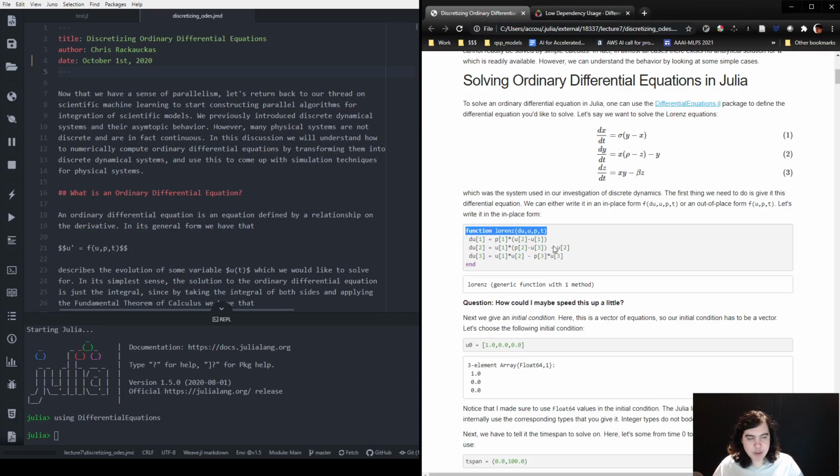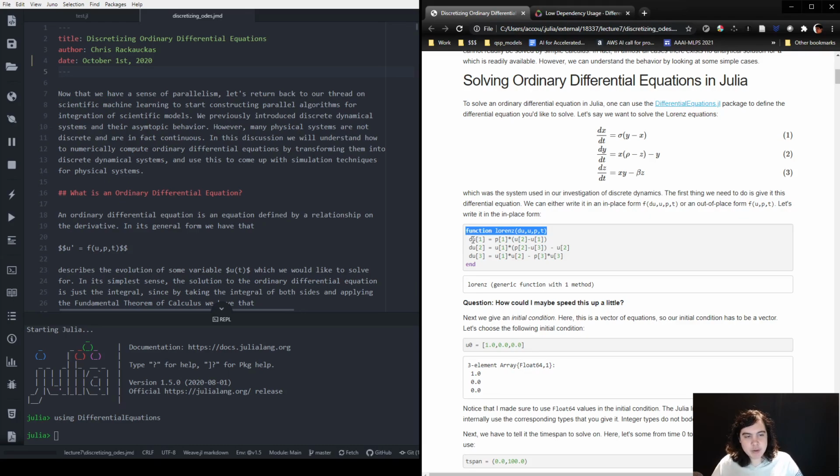So we want to use an in-place function because remember, we want to use a form that is not going to be allocating memory all the time. In DifferentialEquations, it allows you to use both an in-place and out-of-place form, but you should choose the one that is more efficient for your use case. So if you're going to be writing code on vectors, of course, you do not want to be allocating new vectors every single time you have a function call. And so therefore we use the in-place version.